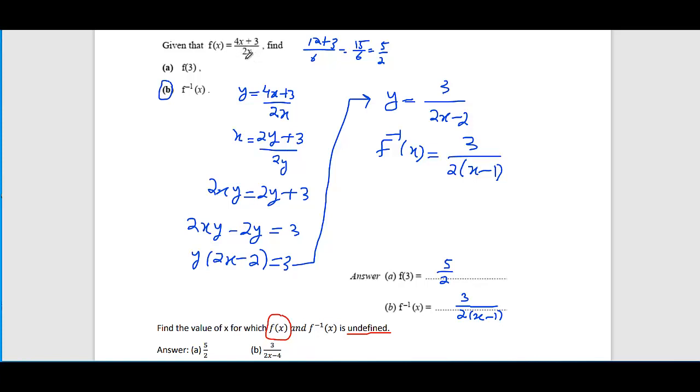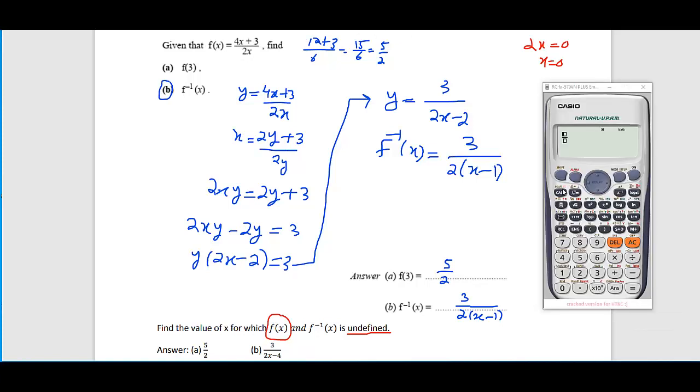To see that, we have to use this technique. The denominator is 2x. Just make this equal to 0. Always make the denominator equal to 0, and from here x is 0 over 2, that is 0. So if you plug in 0 in this function, this will give us a math error. Let's check with the help of the calculator.